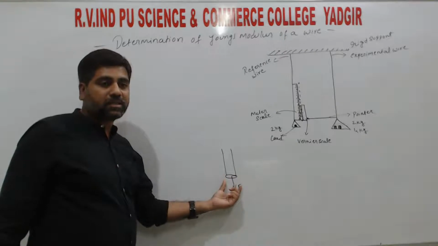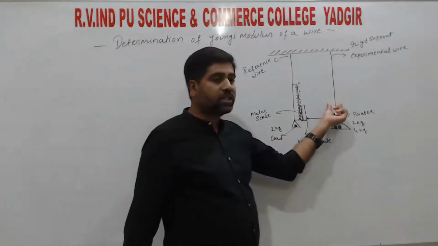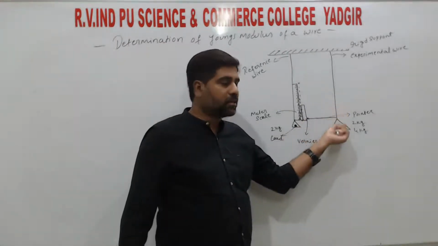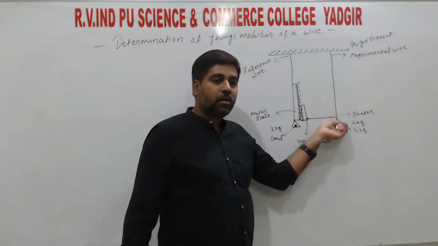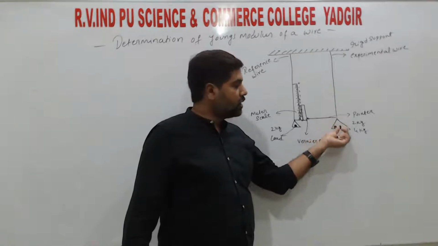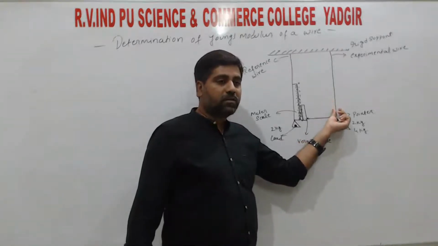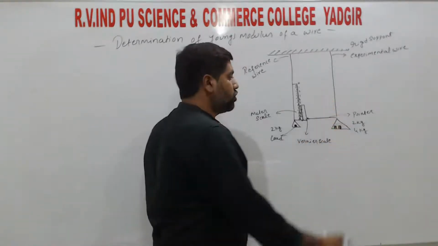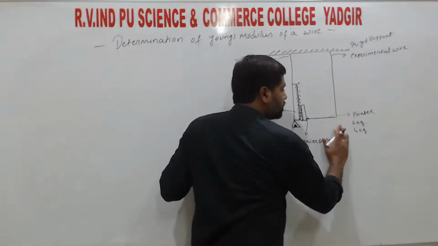When tensile stress acts, what should change in the wire? The length should increase, because the load is acting normal to the area. As soon as the load acts normally, we have tensile stress. The wire comes downwards, right.